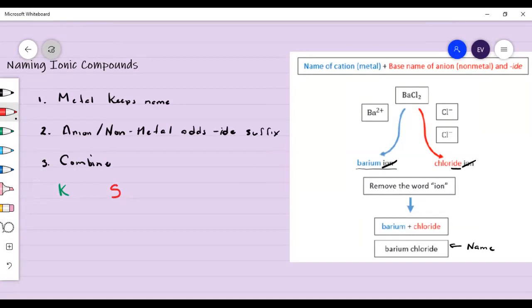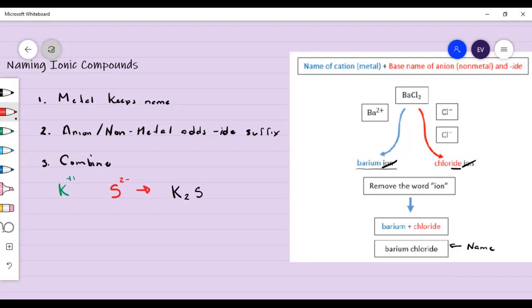When these ionize, they form a compound that is neutral, potassium and sulfur. If you don't know how I came up with these, feel free to go back and rewatch the other video, but I can see here that potassium is going to make a +1, the sulfur is going to make a -2, and those ions combine to form this compound.